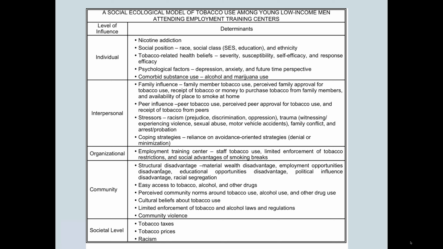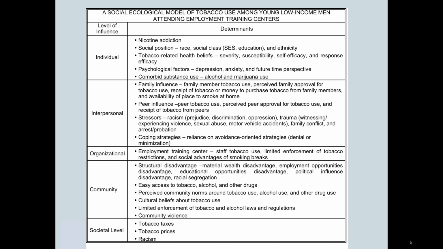At the organizational level, at the Employment Training Center, there is staff tobacco use, limited enforcement of tobacco restrictions, and the social advantages of smoking breaks. At the community level, structural disadvantaging, including material wealth disadvantage, differential employment opportunities, differential educational opportunities, differential political influence, and racial and residential segregation.